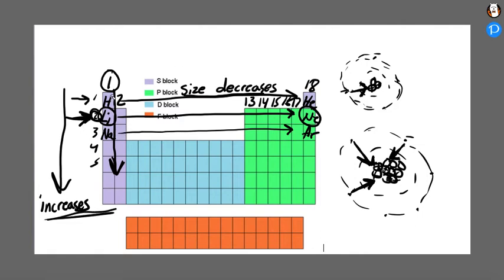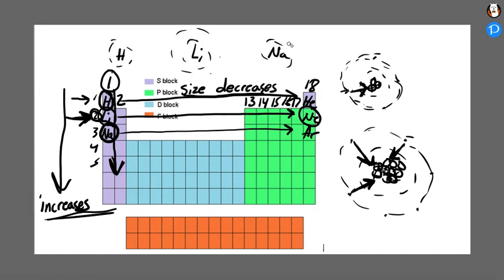Think about it like this. If I look at hydrogen and then I look at sodium, for example, as we move down a level each time, we're adding another energy level for our electrons. So if I've got hydrogen and lithium and then sodium, hydrogen only has an electron in the first energy level. That's it. Lithium has 2.